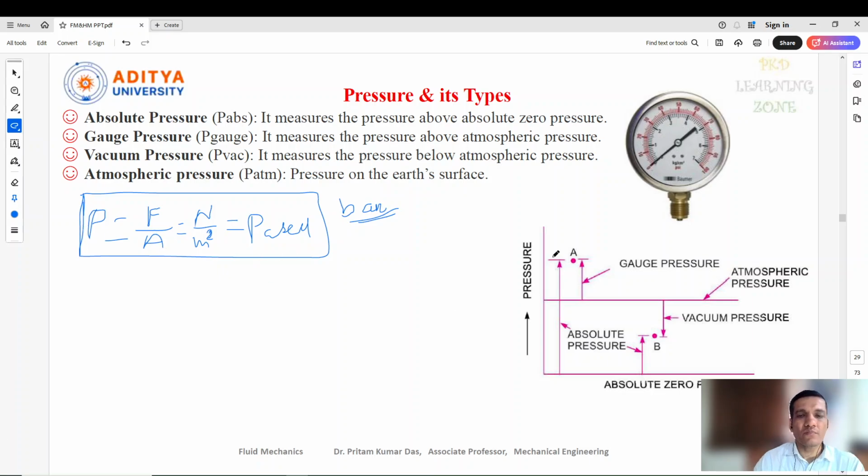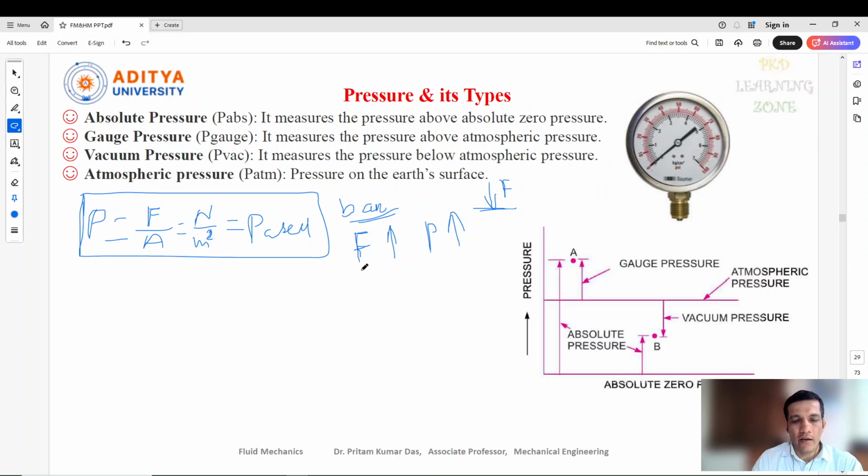Now if you see this relation, pressure equals force by area, it indicates that if you increase the force, then pressure is going to increase. Here the area will be constant. In a fixed area, if you apply some force and increase the force, then obviously the pressure is going to increase.